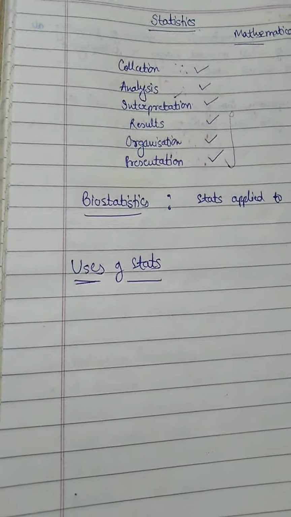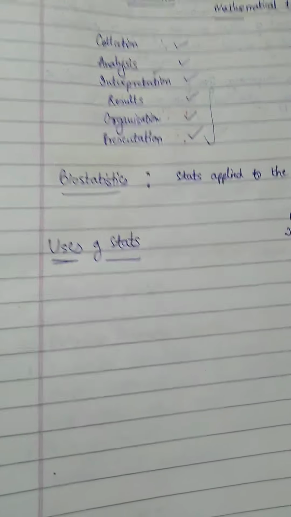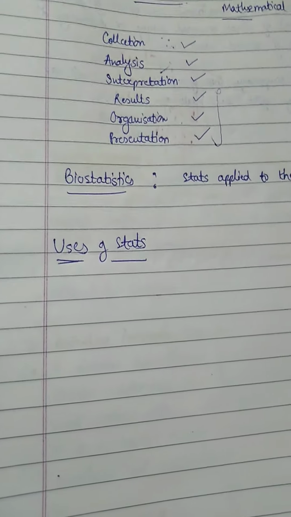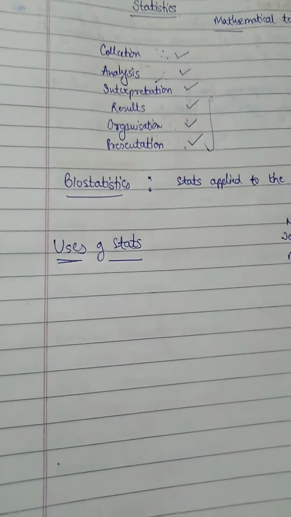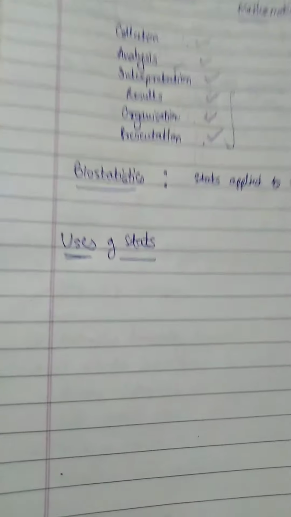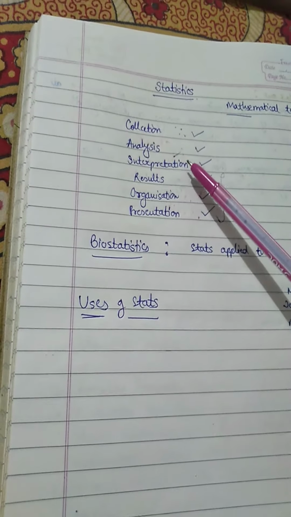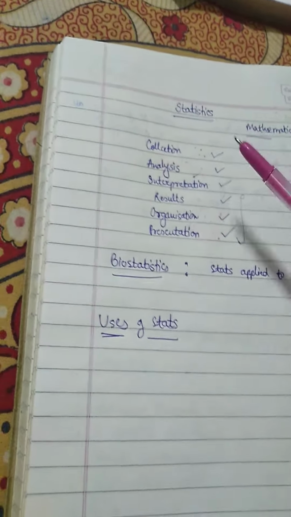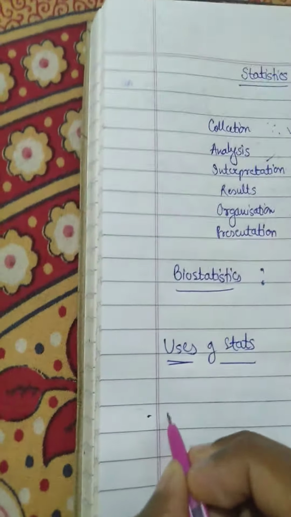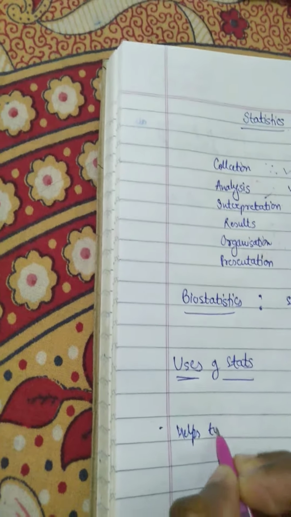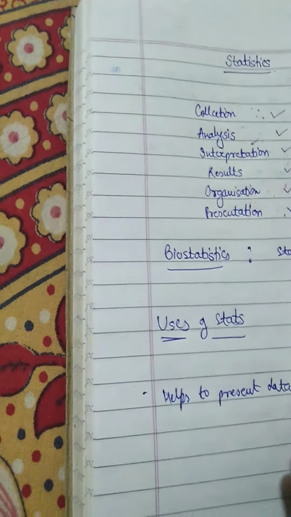If it is a questionnaire, they are going to fill that questionnaire and you are going to collect all those filled questionnaires. Then you have collected that data, and you have to analyze and interpret that data with the help of stats only. So first, it helps to present data in a definite form.